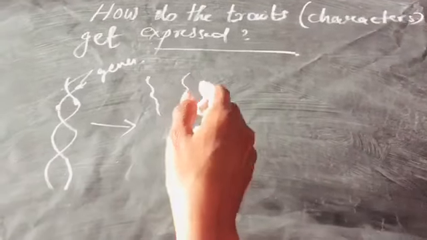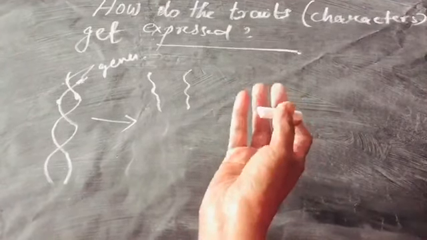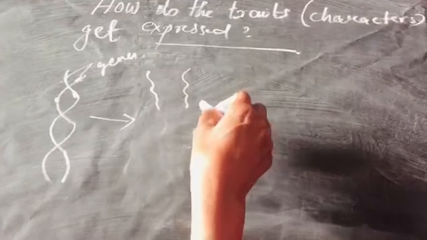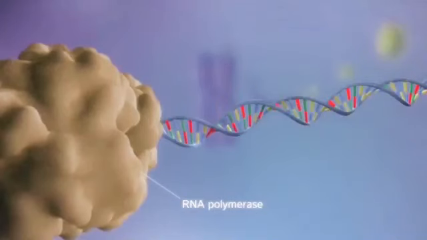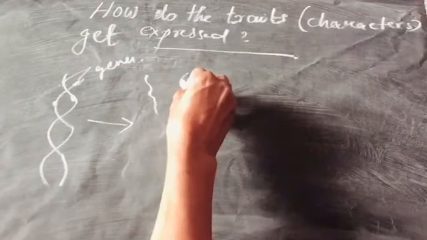You don't have to learn the name of the enzyme, but for your knowledge, it is known as RNA polymerase. With the help of RNA polymerase, the strands get separated, that is, the particular segments which are responsible for the characteristic get separated.